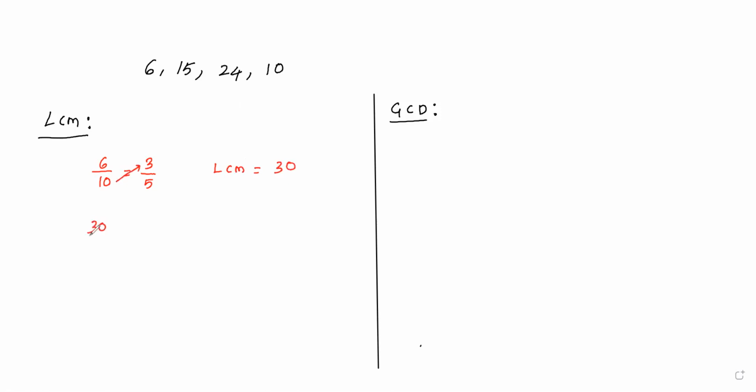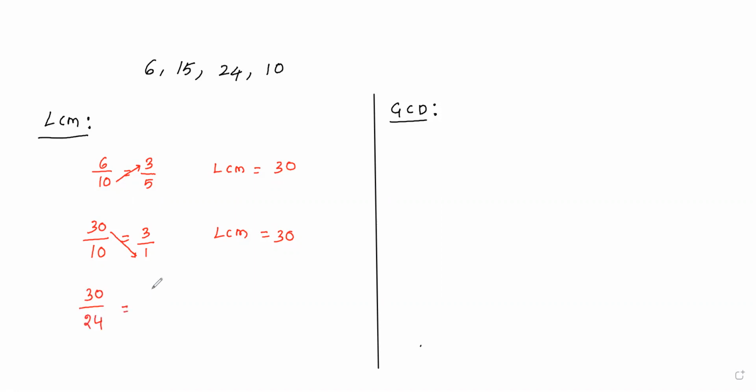Now take 30 and another number. I will choose 10. Why? Because 10 is a very easy number. So 10 1s, 10 3s. Here again the LCM is 30.